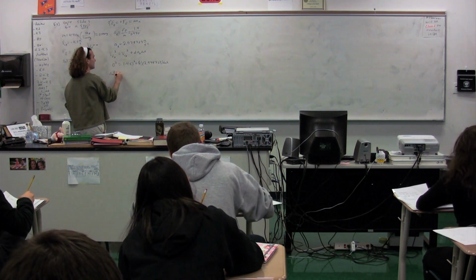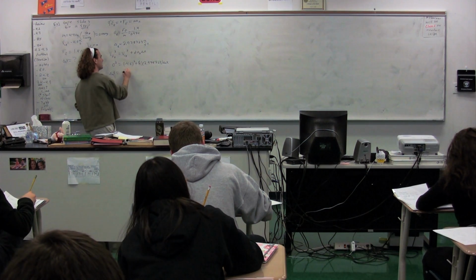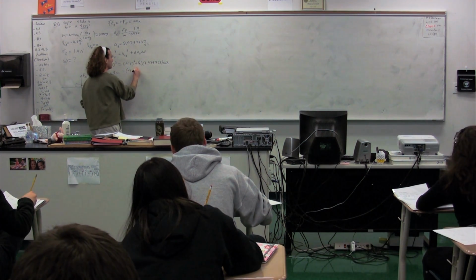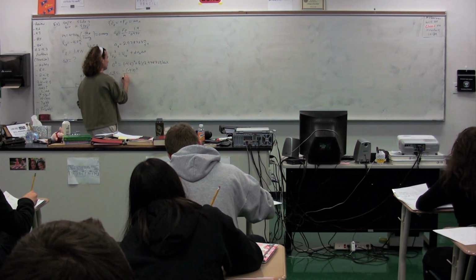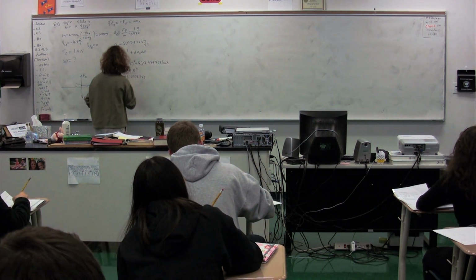Therefore, the displacement in the x direction equals, bringing the negative 4.5 quantity squared over to the other side, a negative of negative 4.5 squared, divided by 2 times 2.9787723.